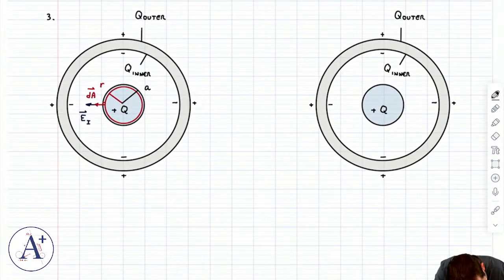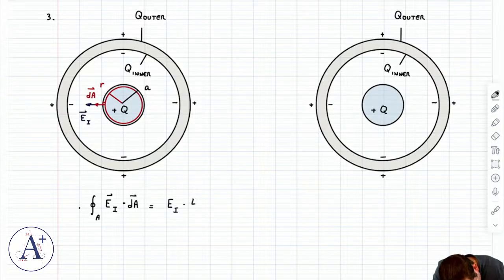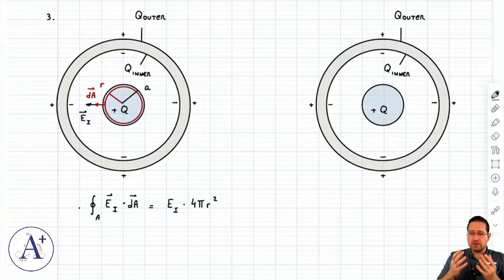We can convince ourselves rather easily that the flux through the closed Gaussian sphere of E1 is going to be E1 times the area of the sphere, 4 pi r squared. E1 is constant in magnitude and direction on my Gaussian sphere. Pull it out of the integral, integrate, multiply by the surface area of my Gaussian sphere. I get E1 times 4 pi r squared.